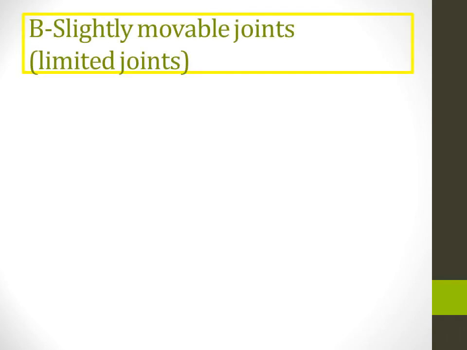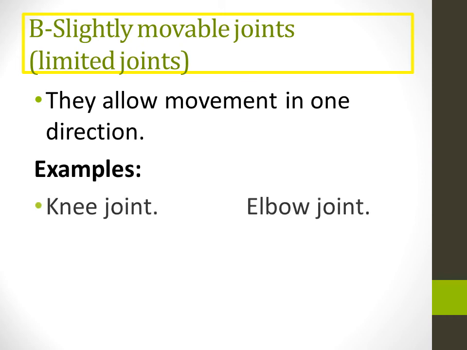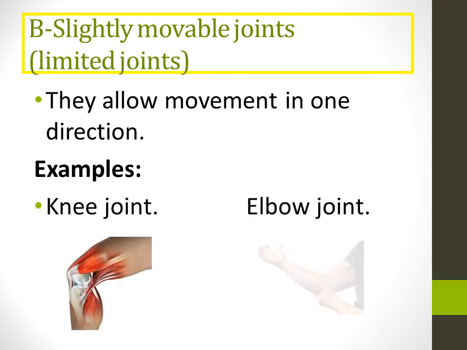The second type is slightly movable joints, which move only in one direction. Examples: the knee joint and the elbow joint.